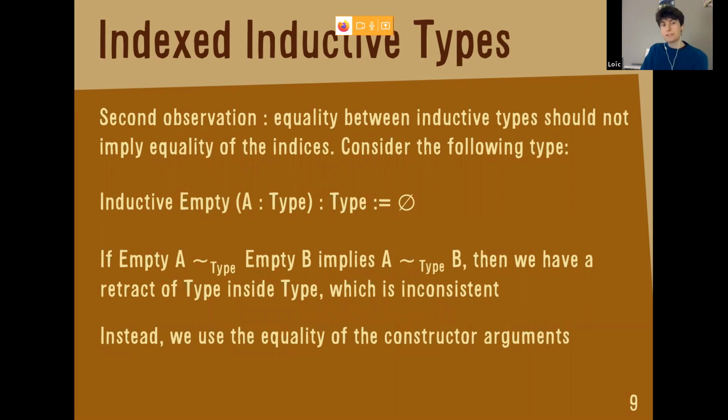A second observation that shows that it is not so easy to support the general indexed inductive types is that we have to think a bit when we define what it means for two inductive types to be equal.